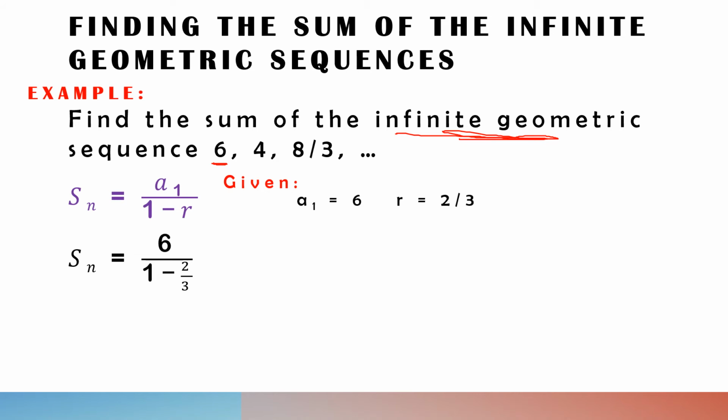So 1 minus 2/3 is 1/3. This becomes 6 over 1/3. What is the reciprocal of 1/3? That is 3 over 1, or simply 3. So we multiply the numerator by 3. So 6 times 3 is equal to 18.